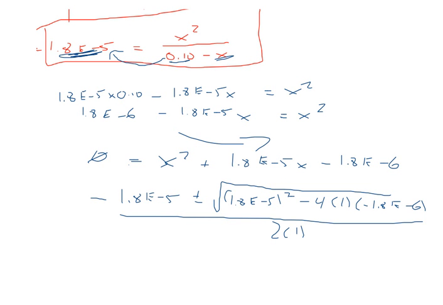Oh, there's a minus sign there. And then all of that is divided by 2. So I did it and I got this number here for one of my answers: 0.00133.